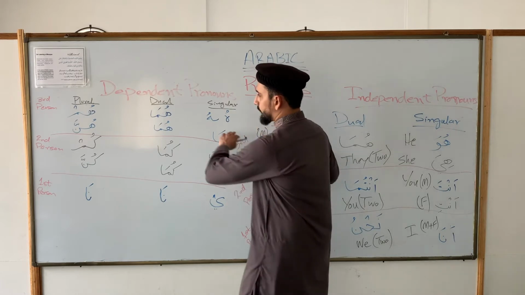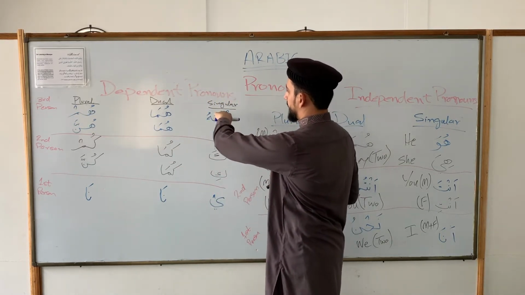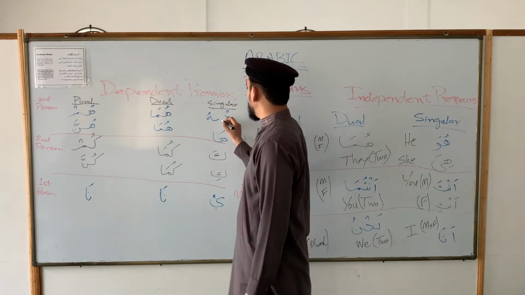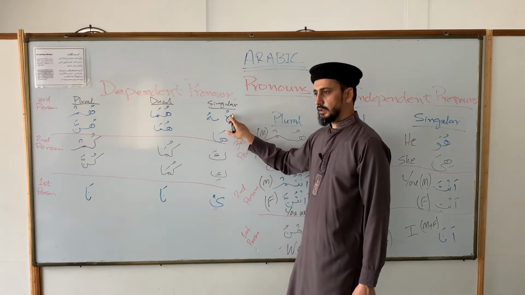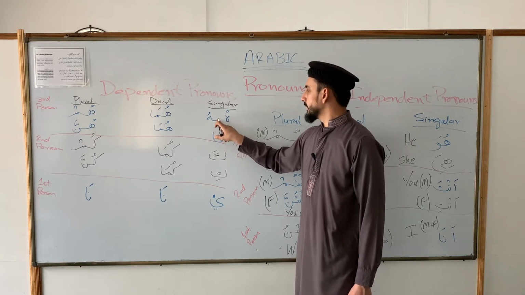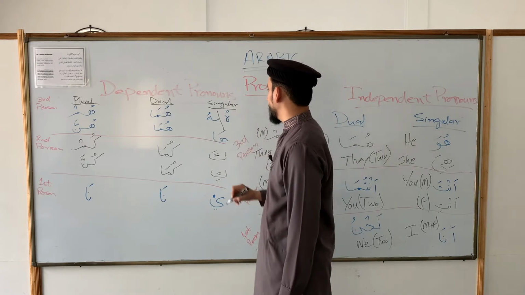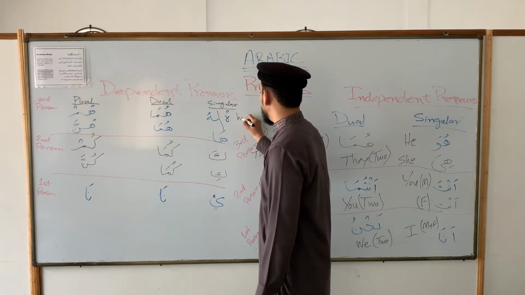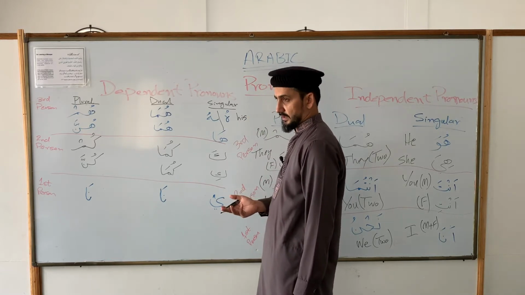This row is for the third person. And then in each group, singular third person, we have male and female. So hu, we write it sometimes separately with ha with dhamma, or it can join, right? So it is also hu, same thing, but basically both are the same. Hu, meaning his.